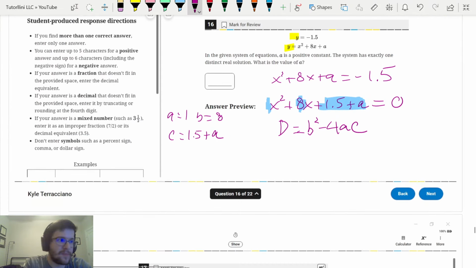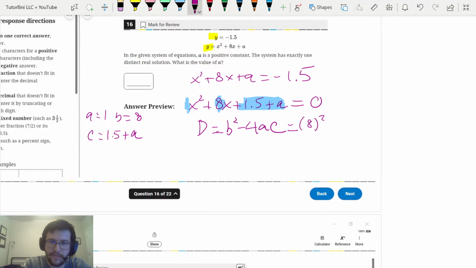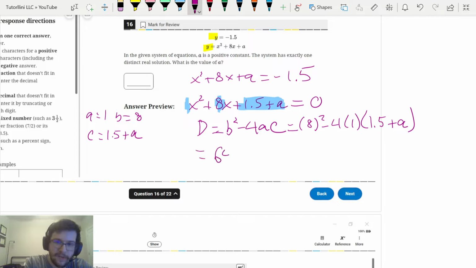All right, so we start plugging in, and we get B squared, so 8 squared, minus 4 times A, which is 1, times C, which is 1.5 plus a. So you start cleaning that up, and you should get 64 minus 4 times 1.5, which is 6, and then minus 4a.